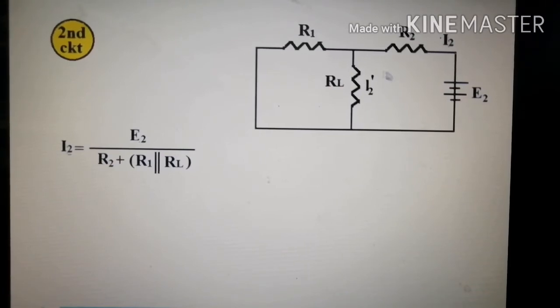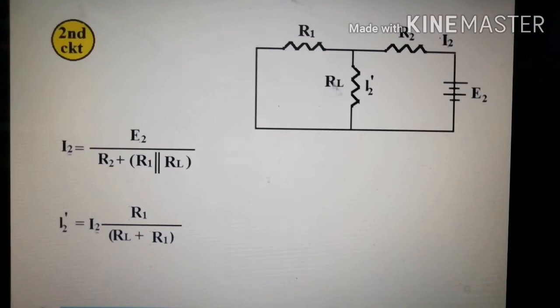With the help of I2, now we can calculate the value of I2 dash. I2 dash is the part of the current I2 which passes through the load resistor in the downward direction. We can calculate I2 dash with the help of the current division rule.